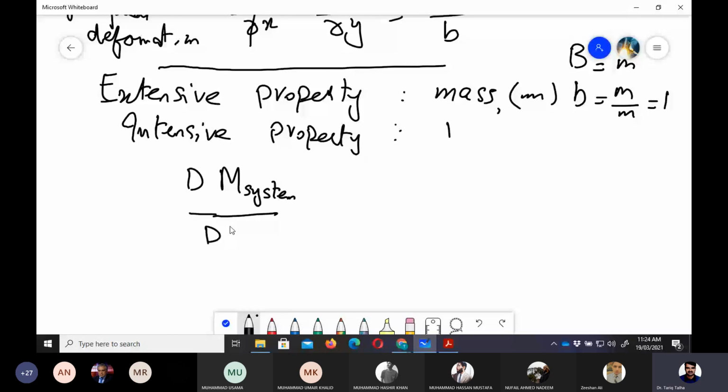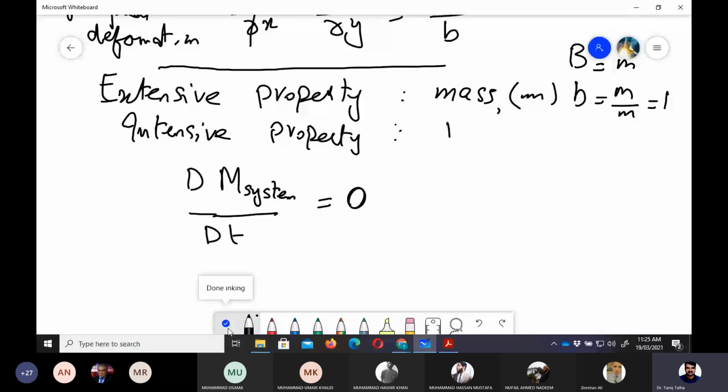Now, because we cannot apply this on a system, as we would have to follow all the particles, it is better that we fix a volume in space and study how the mass goes through that control volume. So we need to make use of the Reynolds transport theorem.